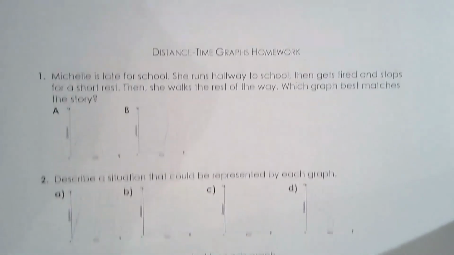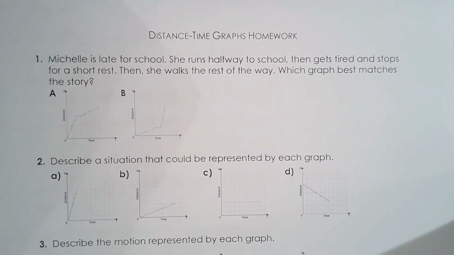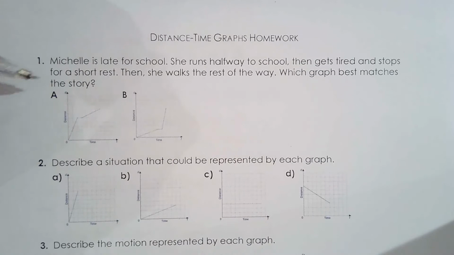Okay, so the first question is basically they give us a story and they ask whether the first graph or the second graph matches better with the story. If you read the story, she's fast in the beginning and then she stops and then she slows down.